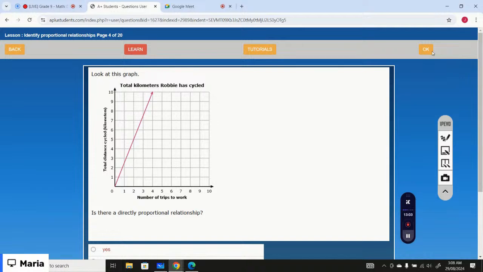Okay, look at this graph. Is there a directly proportional relationship? So, which is the correct option?